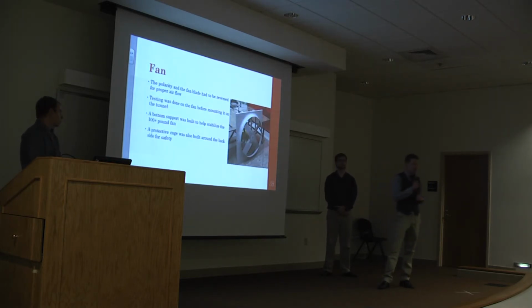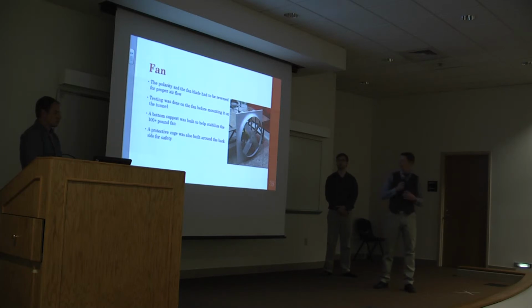So for the fan, how this fan normally works is pretty much an exhaust fan. With an exhaust fan, you have your motor that sits on the inside of the building, and it pushes air out. What we needed was for the motor to sit on the outside and pull air through towards the motor. So we had to first reverse the fan blade, and then we had to reverse the polarity of the fan when wiring it.